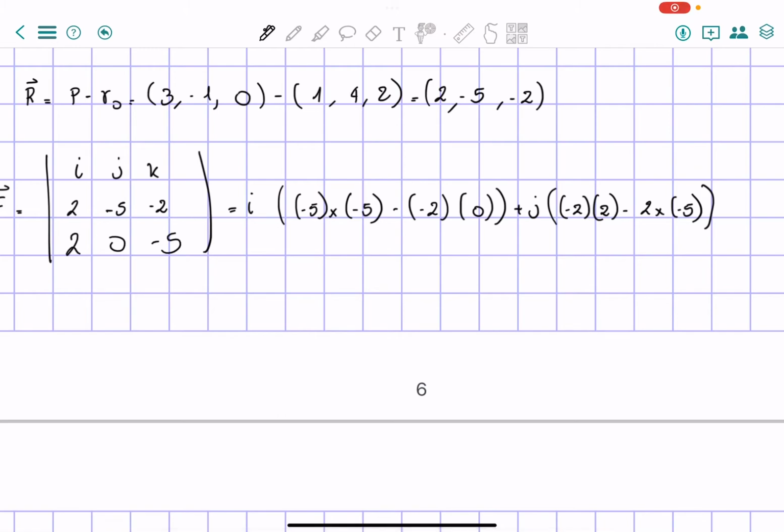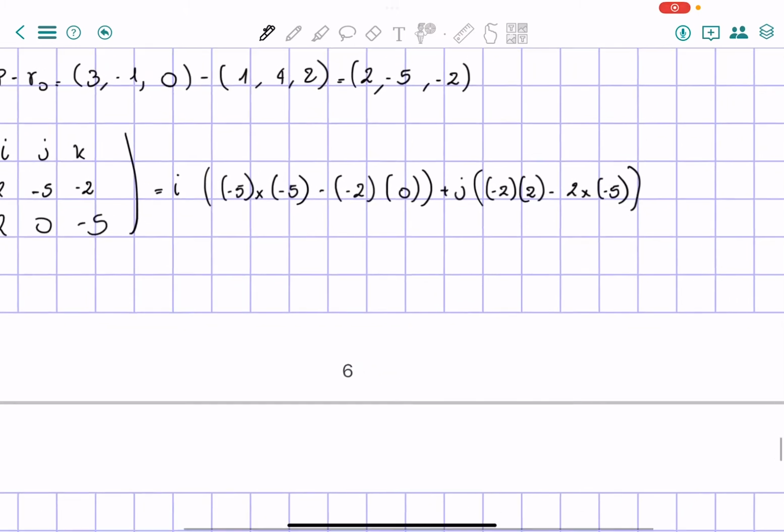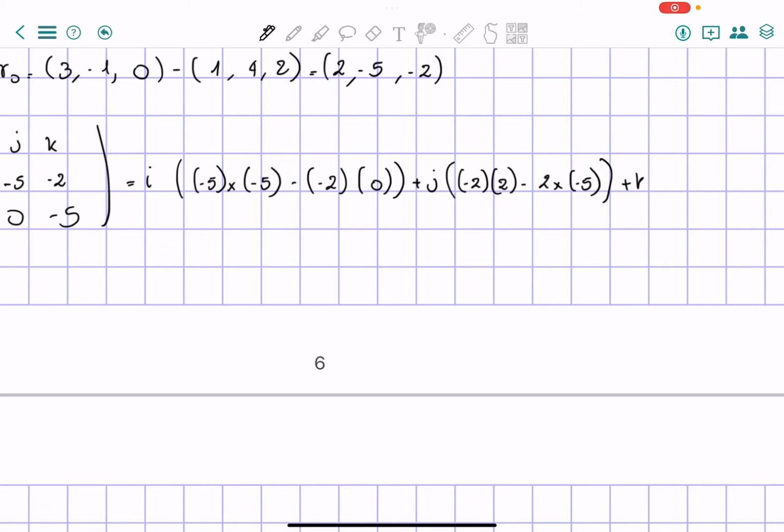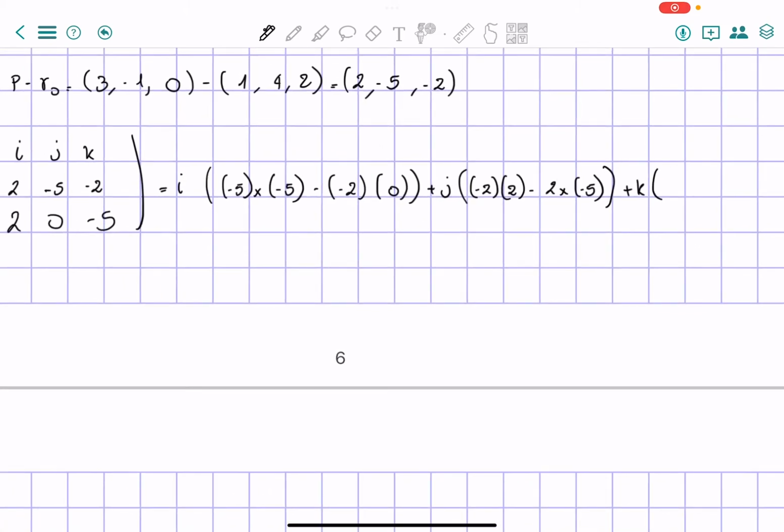If I'm correct, 2 times negative 5, yes. And then plus k times 2 times 0 minus negative 5 times 2.